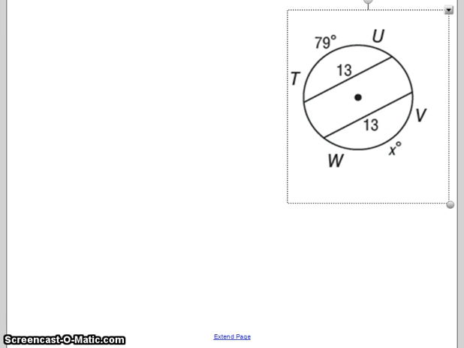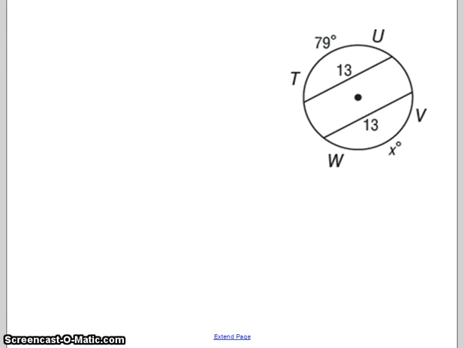Alright, so if we look at an example, we have chord TU is congruent to WV. Therefore, arc TU is congruent to arc WV.